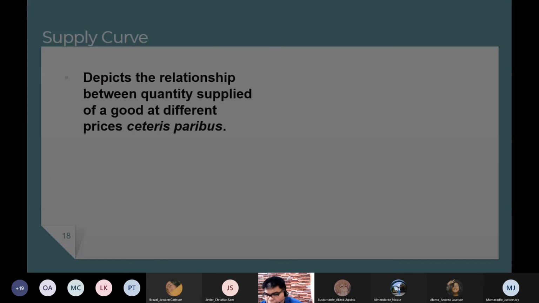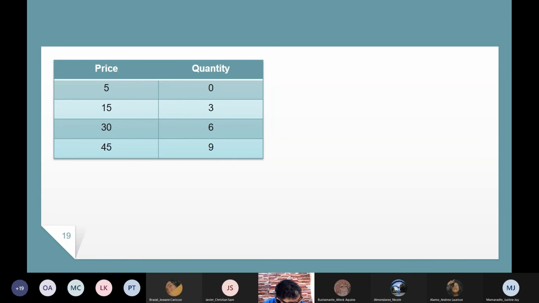Wala yata ako nitong supply curve na to. So, ito yung sample ng supply curve. Table 4.2 on page 38. You have the price. So, pag 0 yung quantity, 5 piso yung presyo. Pero pag 9 ang quantity na ginawa mo, 45 ang price. Ang laki ng tinalon.